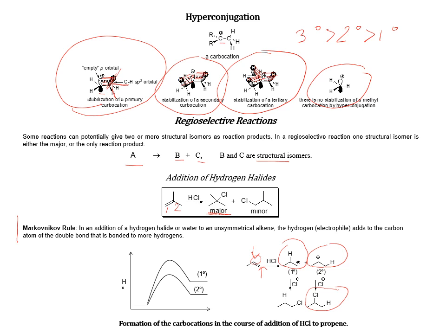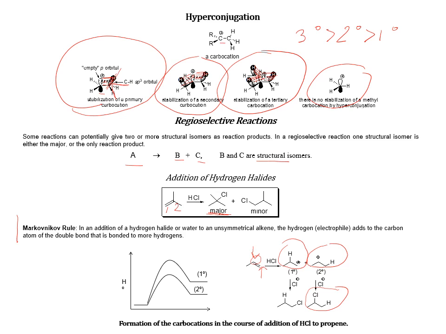And we can see from the reaction diagram that formation of carbocation is an endothermic reaction. And being endothermic, there is a late transition state. So the transition state resembles the product, in this case carbocation.